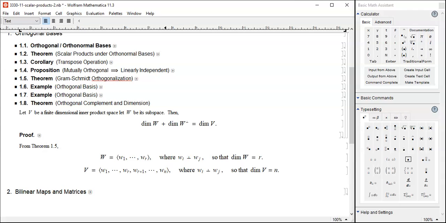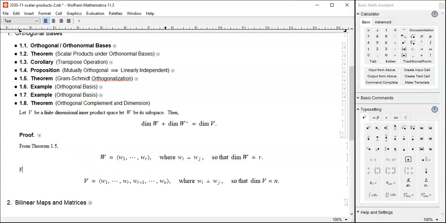From theorem 1.5, the orthogonalization theorem, we can find the orthogonal basis for W. From theorem 1.5 again, I can get the next basis, so that's going to be V.